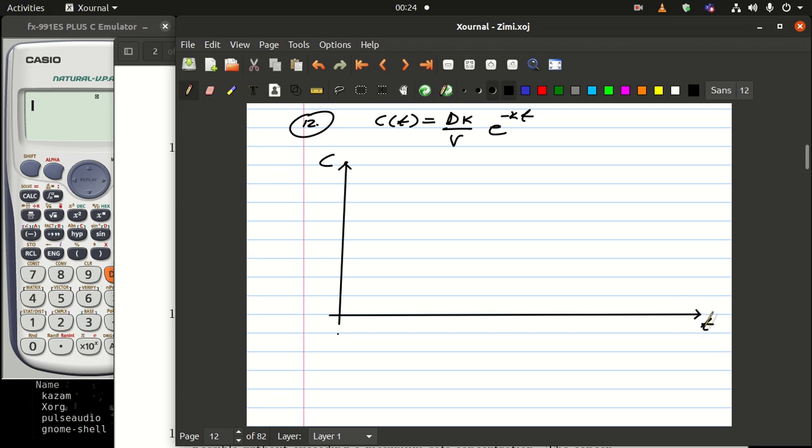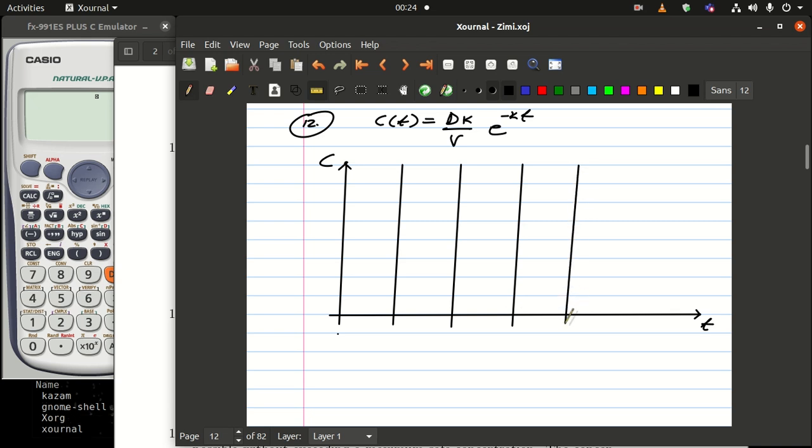I want to model this for 24 hours. This is the first 6 hour window, and this one is the second 6 hours, then another 6 hours, and another 6 hours. This is not perfect.